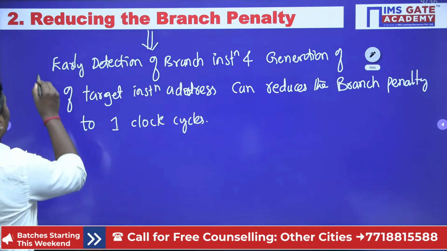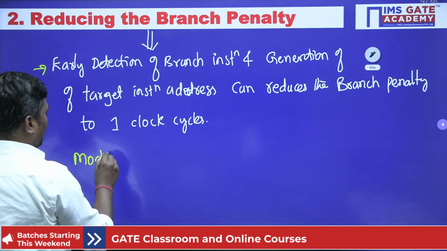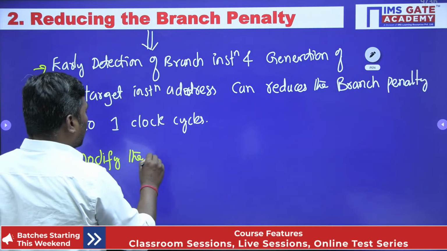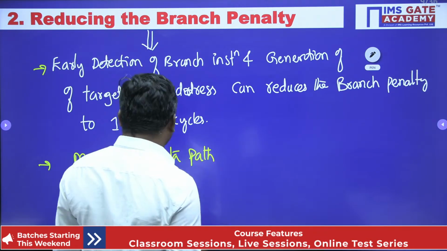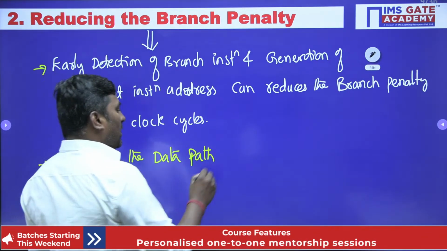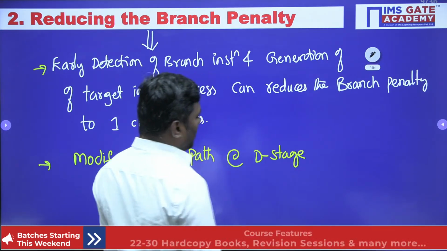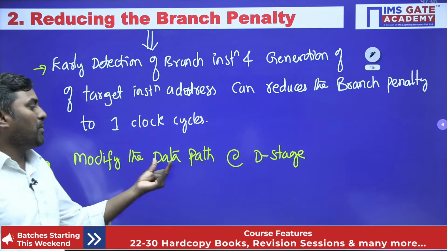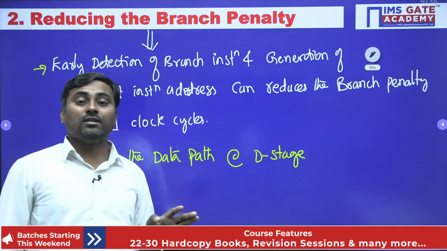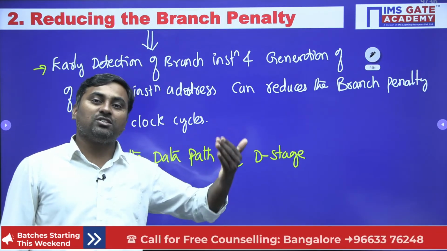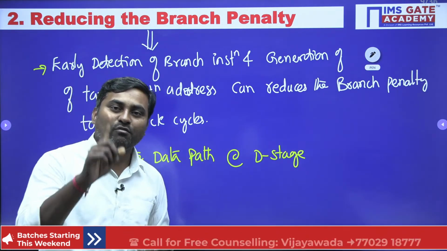Meaning, this approach suggests modifying the data path of the instruction pipeline at the decode stage, to detect the branch instruction and evaluate the target address, so the penalty can be reduced to 1 clock cycle only.